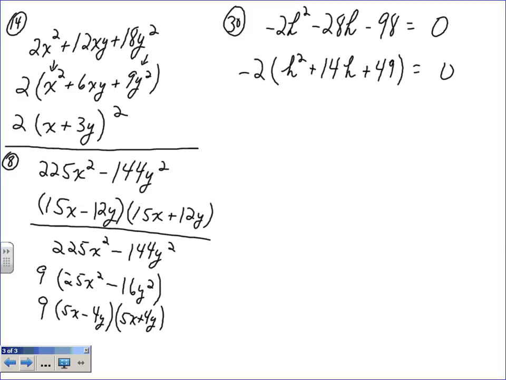Okay? So now I have negative 2, and let's see if it factors this way. H squared is h times h. So we'll put that right there. What times what is 49? Kristen? 7. Do you think my sign is going to be positive or negative? And do you get the middle term?